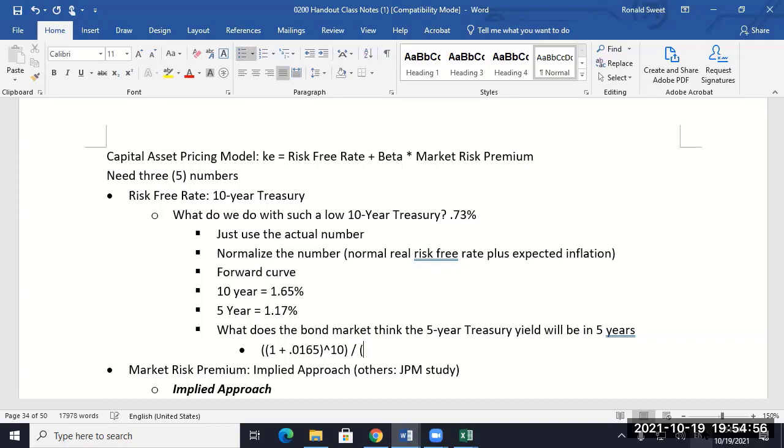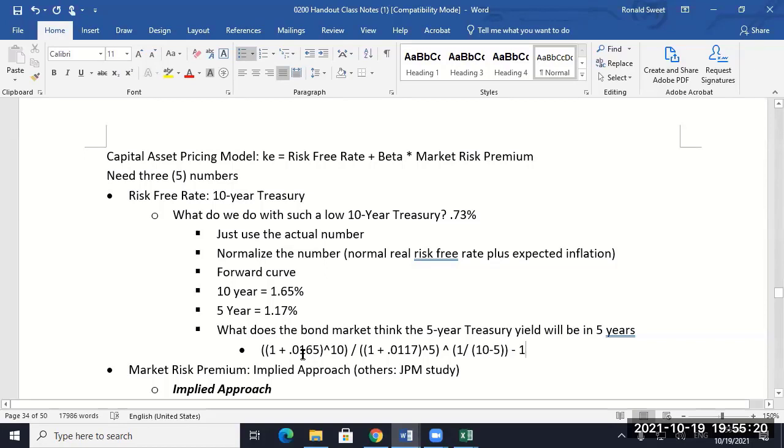You divide that by what? Right, and you raise that to 1 over 10 minus 5, minus 1. Is the expected 5-year going to be higher than 1.65 or lower than 1.65? It has to be what?